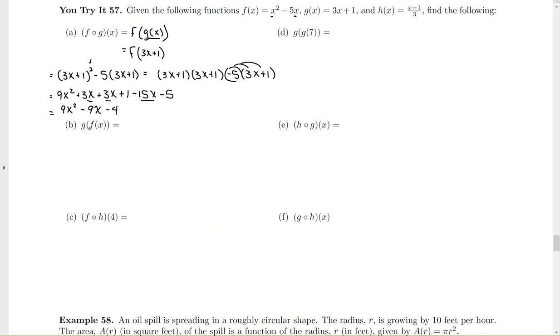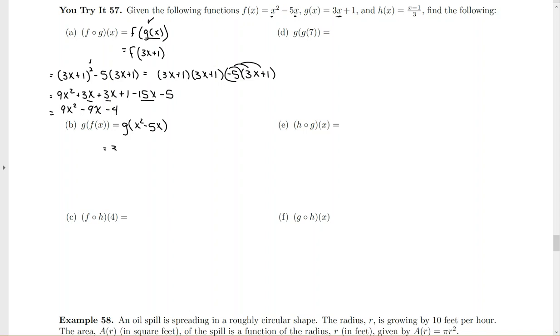For part B, this is also a composite function. It's just written in a slightly different form. This is g of f of x. So they went right to this part right here. So we start with the g, find f of x, put that in. All right, now go find the g function, take out its x's, and replace it with what's in parentheses here, x squared minus 5x.